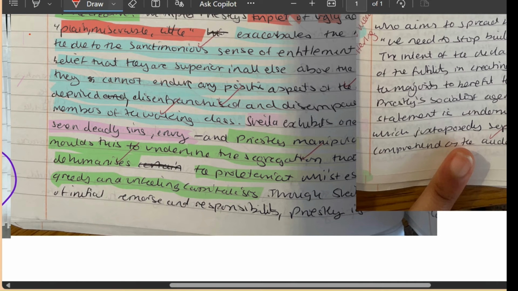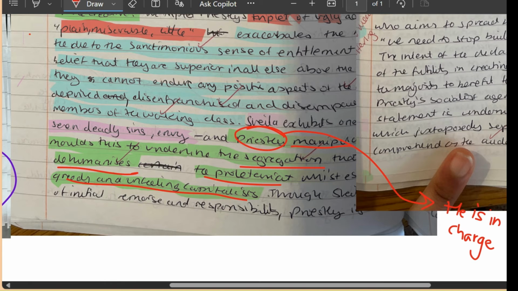Now, the reason why I use the word manipulatively is because I'm reinforcing that it is in fact Priestley that's doing all of these things. That he is in charge. He is writing this and he is crafting the characters all himself, and therefore he is the one that's doing this to underline the segregation that dehumanizes the proletariats and celebrates the greedy and unfeeling capitalists.